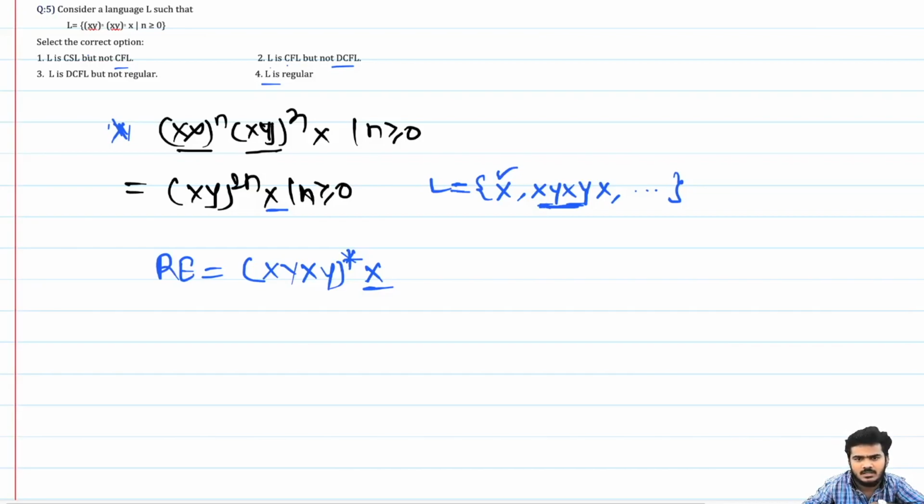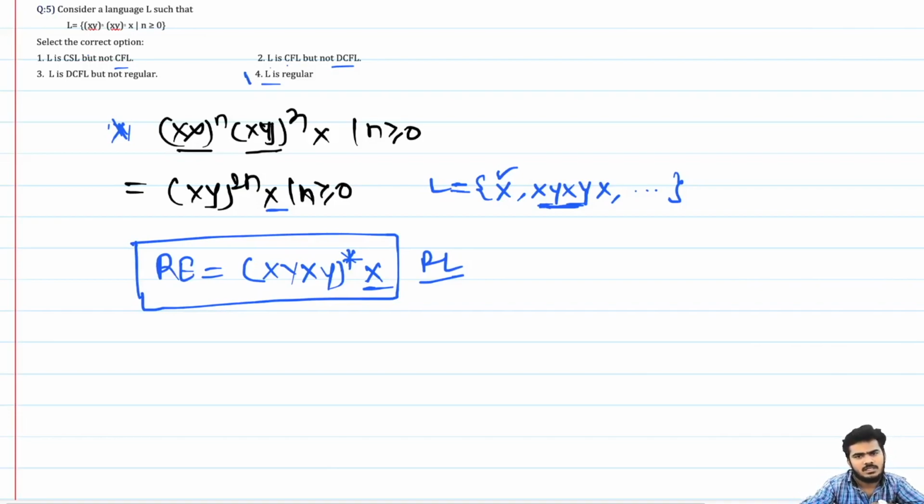If I take star equal to 2, then I get xyxyx. So we are able to design a regular expression for this, which means this is a regular language. So the fourth option is the correct one. L is a regular language, and when L is a regular language, it is definitely a context free language and a context sensitive language also.